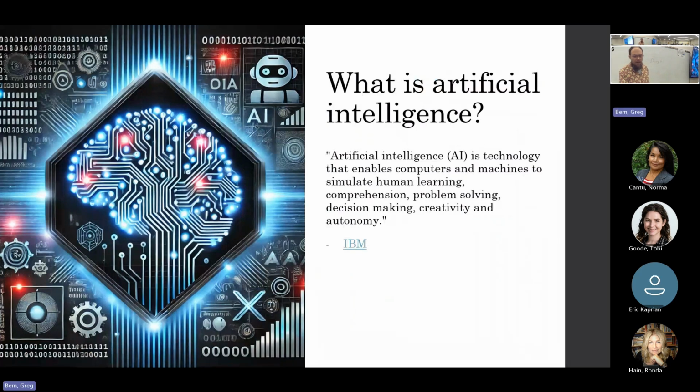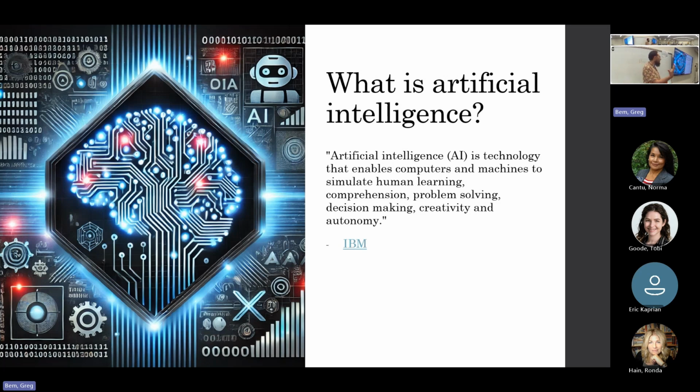So let's talk about AI. Some of you already have some experience. Feel free to chime in if there's any perspective you want to add. But essentially, artificial intelligence, which is broader than Gen AI, generative artificial intelligence, is technology that enables computers and machines to simulate human learning, comprehension, problem solving, decision making, creativity, and autonomy.